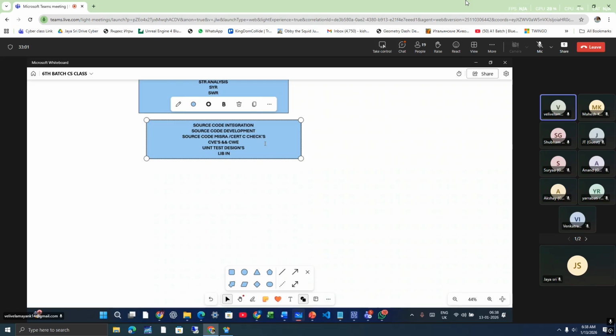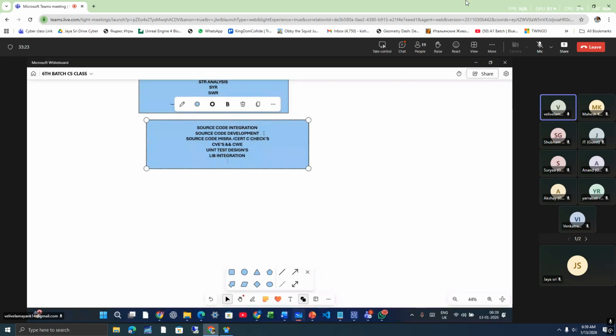Usually library integration has a separate role, the integrator, but this person is aware of it. Not only source code development, configuration is also this person's responsibility: stack configurations, crypto stack configuration related details as well.